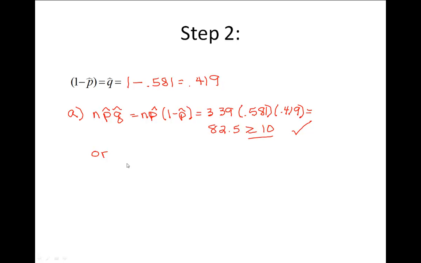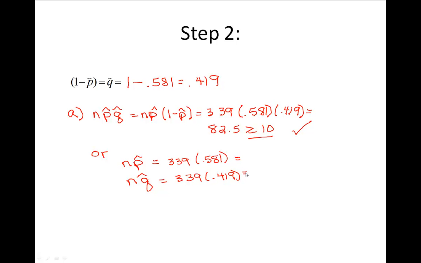Or we can do n times p-hat and n times q-hat, which would be 339 times 0.581 and 339 times 0.419.